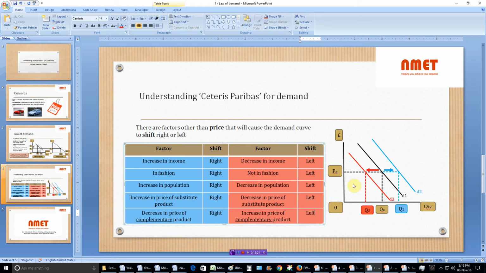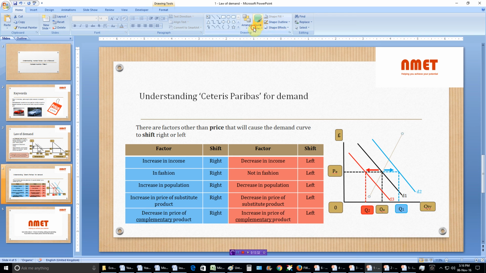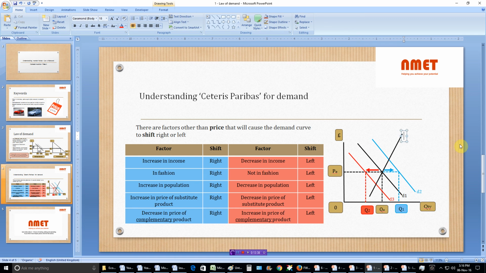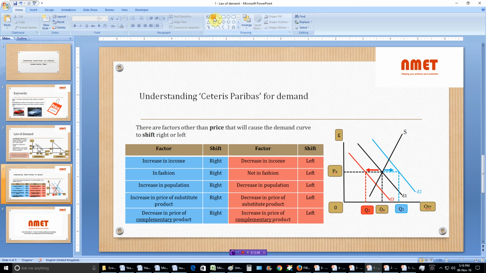The only thing you've got to remember is I've kept the price constant over here. But if I had a supply curve, let's say this is a supply curve for that blue one, what I could have said is that when demand shifts to the right, the price should increase because of demand.